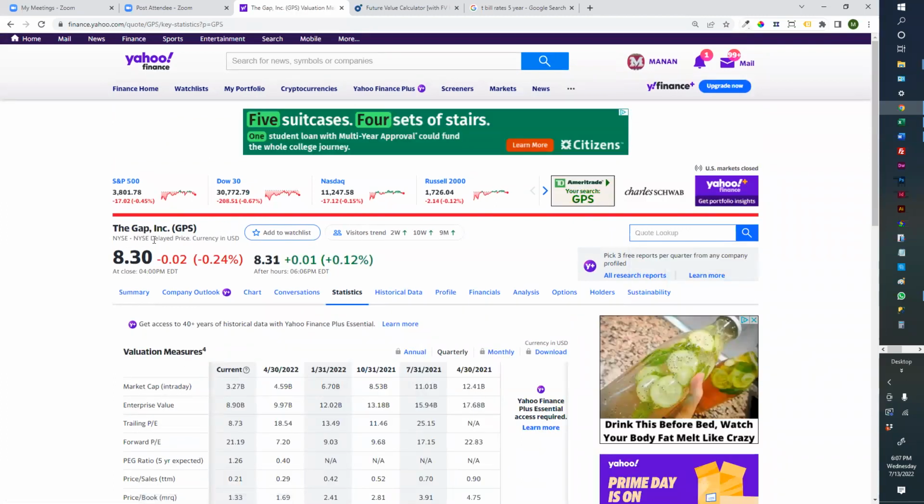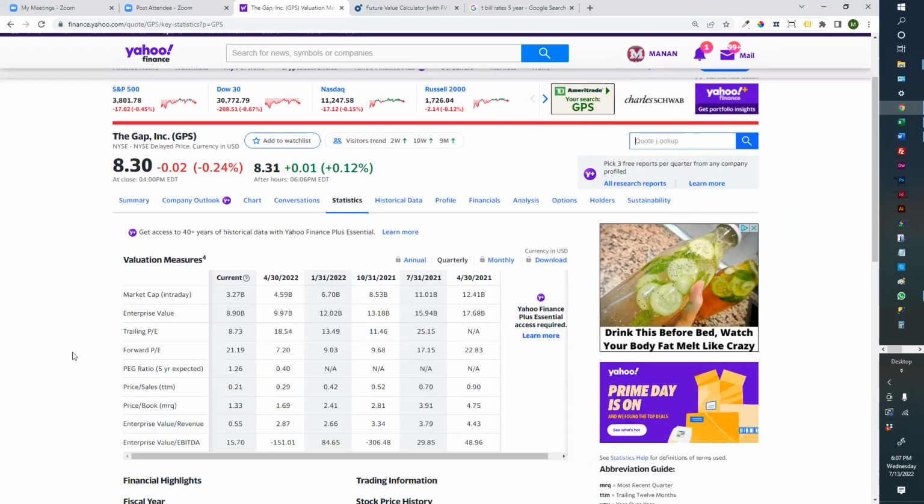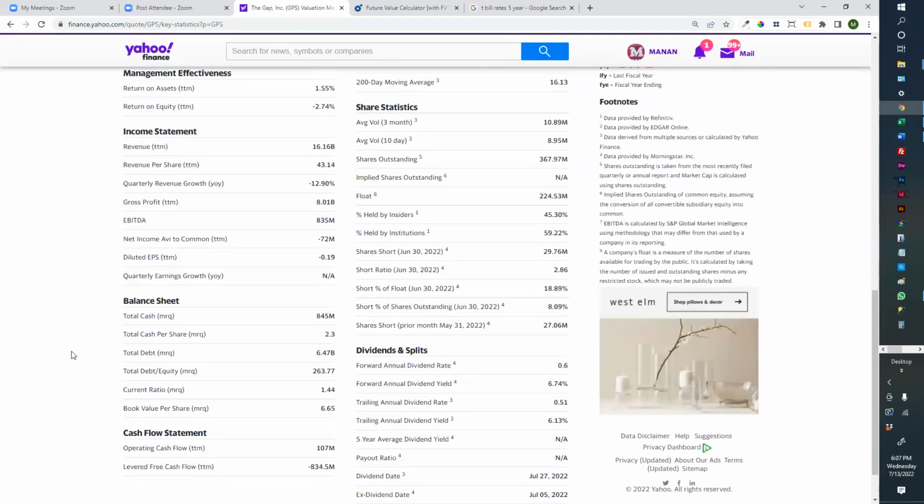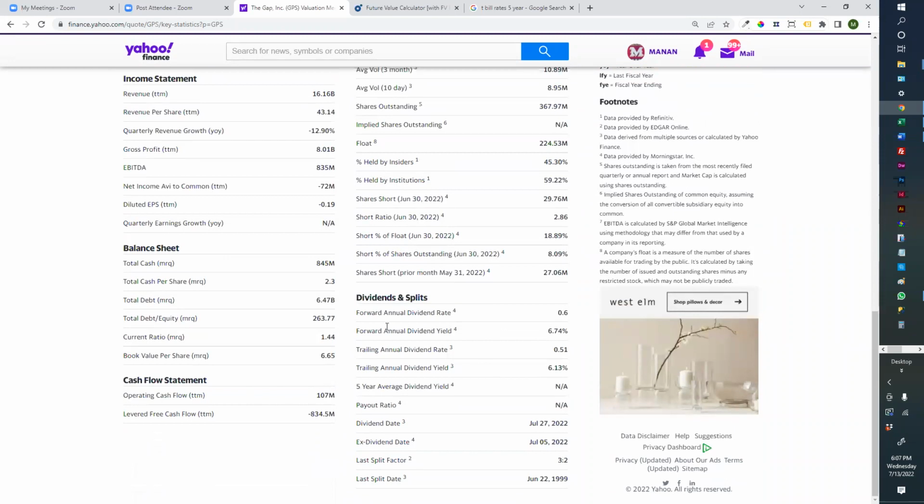Okay, Gap. They are a good fundamental company. You know, they own Old Navy, Banana Republic, branded clothes, and everything is fine. But there is only one red flag, it's here. See, the total debt is 6.47 billion.